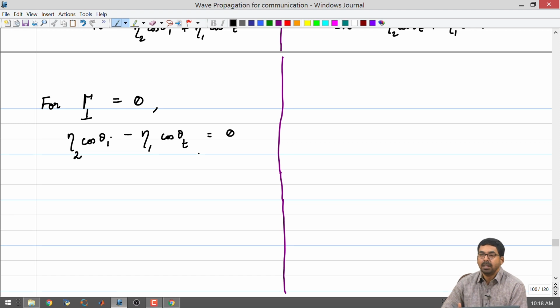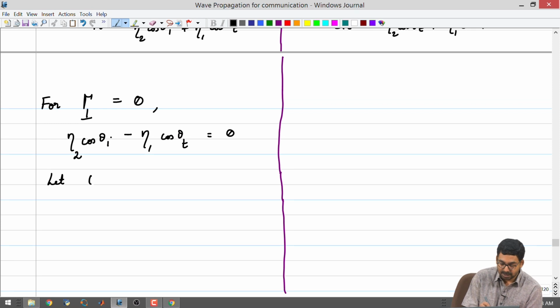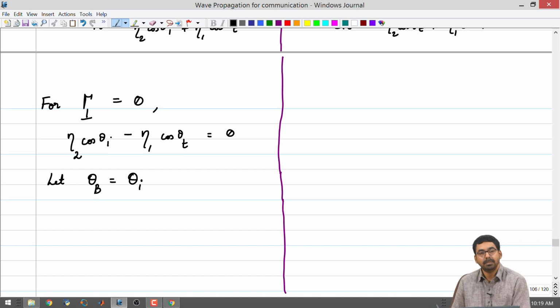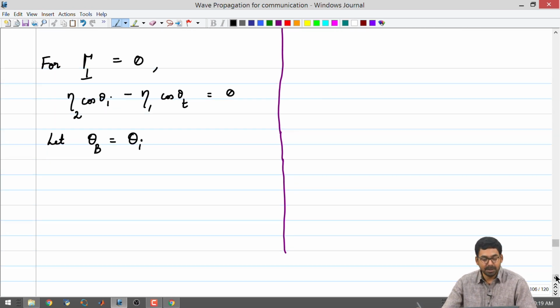Let us say that in an experiment we do not have control over everything, the only thing we have control over is the incident angle theta I. And so, for a particular angle theta I, if this were to happen, what would that theta I be? Since this is a special case, let us denote it by a new variable, theta suffix b, equal to theta I. So, this is the special angle at which this numerator becomes equal to 0.